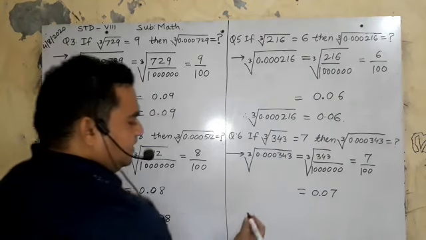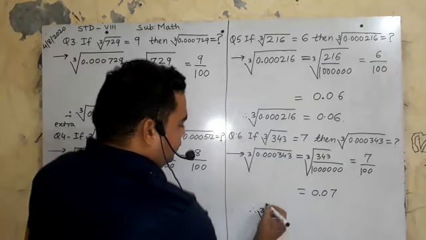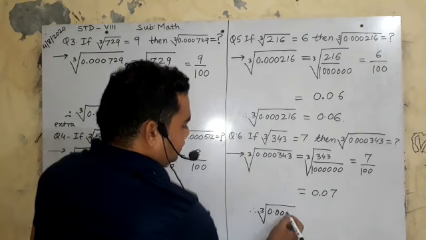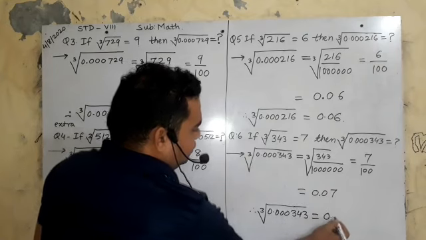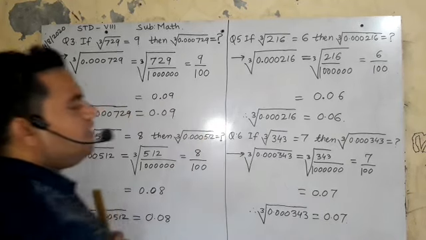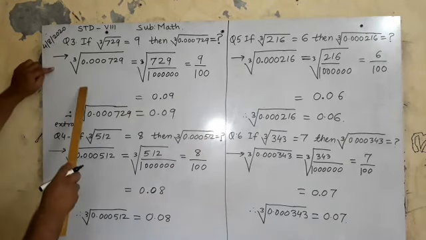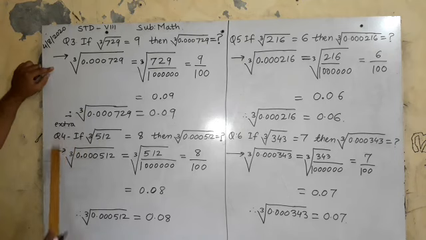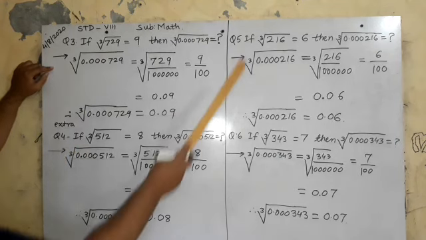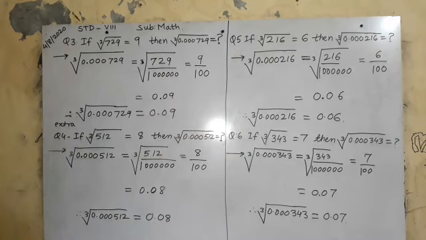At last you have to write the cube root of 0.000343 is equal to 0.07. I hope you understood. This was the only question in the textbook. I have written the extra ones: question numbers 4, 5, 6 will be extra for you.